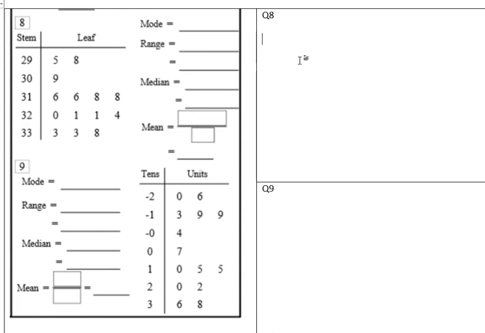Okay, so 8, looking at our leaf block, I'm just going to first type the data in here, so we can see what this data looks like as raw data.